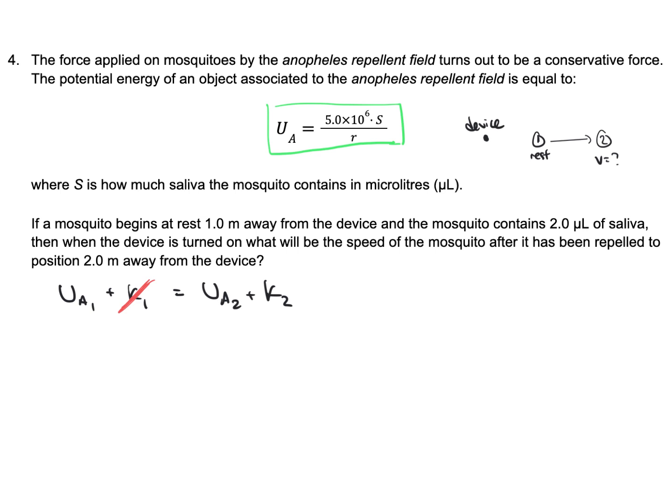So I'll fill in the formulas. We'll use the formula provided for potential. S stands for how much saliva the mosquito has.